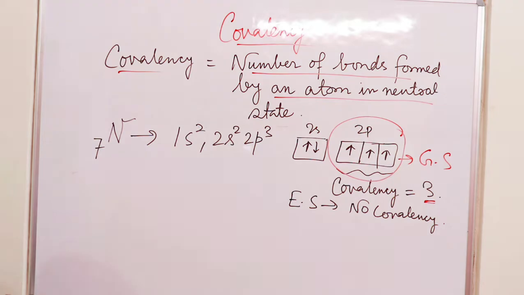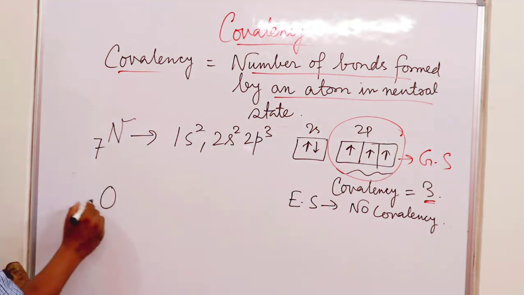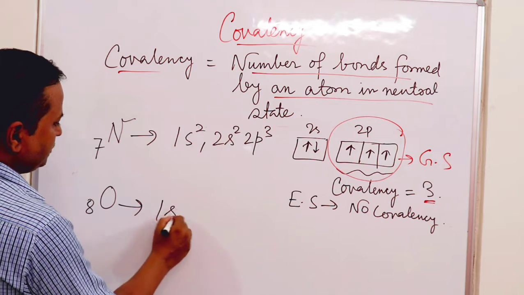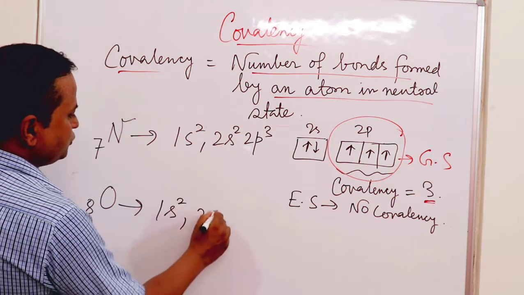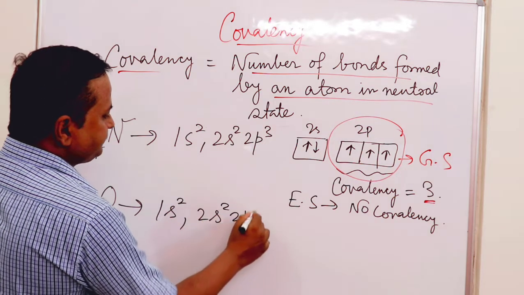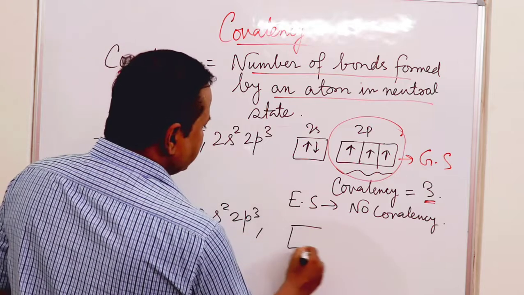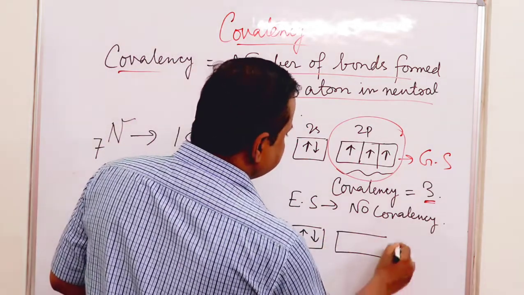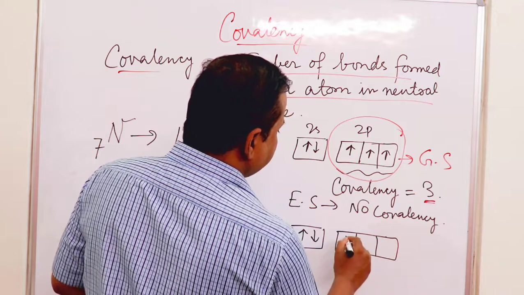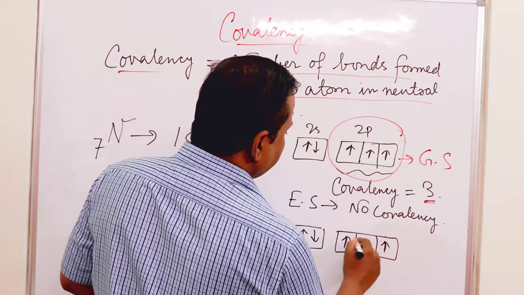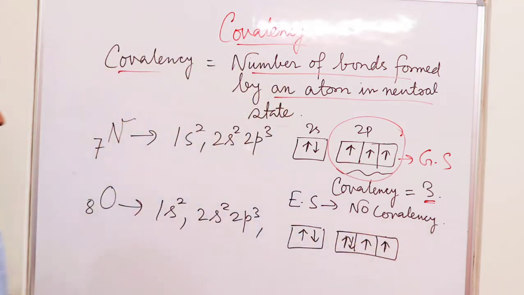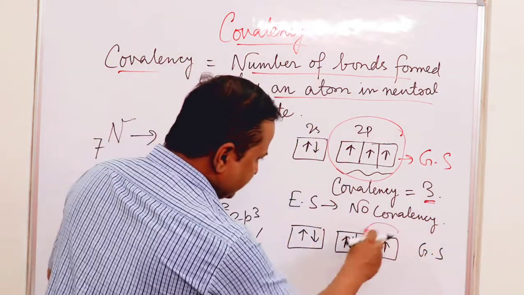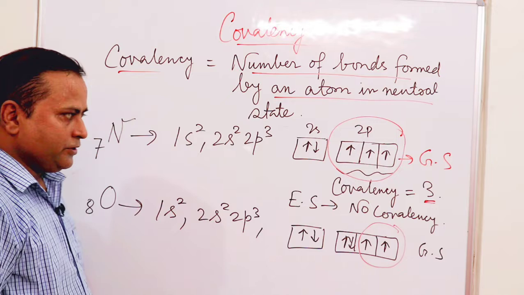After this, let us move on to oxygen. Oxygen, atomic number 8. Let's write its electronic configuration, that is 1s2, 2s2, 2p4. This is the configuration of oxygen in the ground state, and you can see that there are only 2 unpaired electrons.